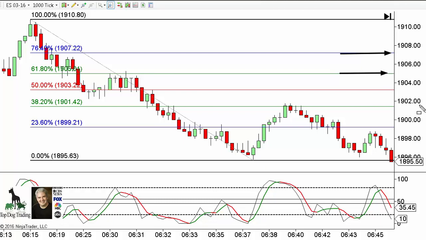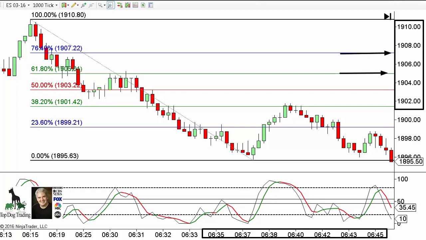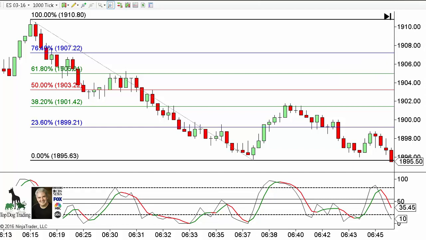So yes, we have price over here on the y-axis, but then on the x-axis we have time. And that's it. That's what you've got to work with on a chart, time and price. So we are looking for the confluence of time and price in order to find where and when the market is going to put in a high and then continue back in the direction of the trend.